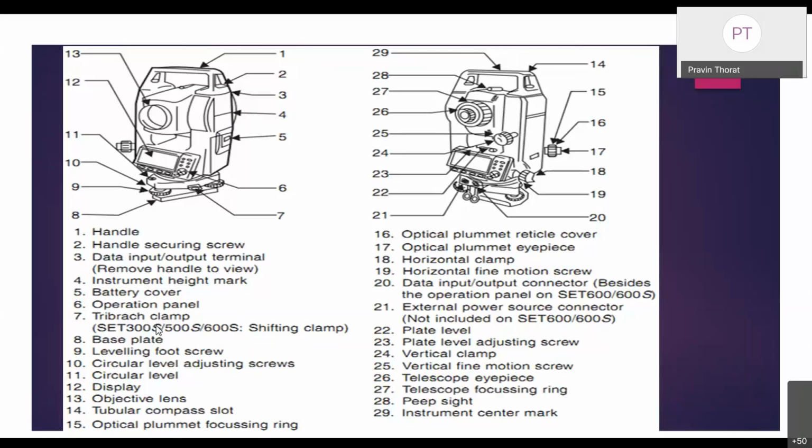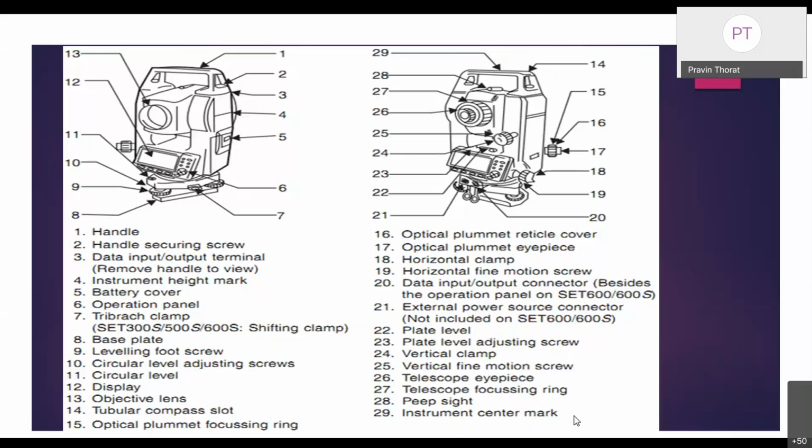Then battery cover, optional operation panel, tribrach, base plate, leveling foot screw, circular level adjusting screw, circular level display, objective lens, tubular compass slots, optical plummet with protective cover, optical plummet eyepiece, horizontal clamp, horizontal fine motion screw, external power source connector, plate level adjusting screw, vertical clamp, then vertical fine motion screw, telescope eyepiece, telescope focusing ring, peep sight, instrument center mark. These are the various component parts explained in the video.